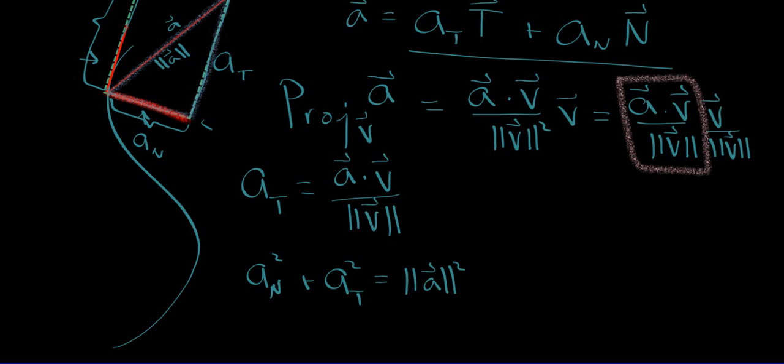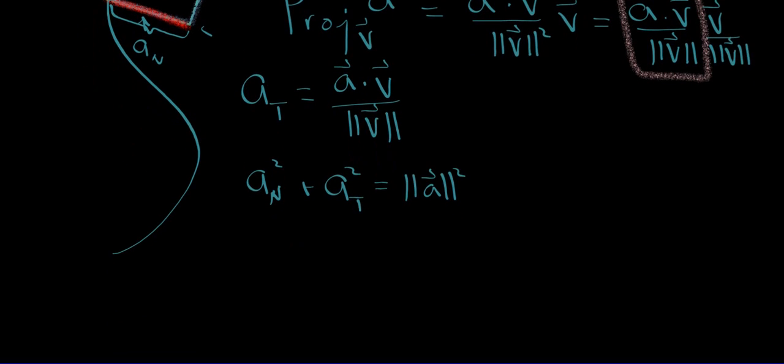I'm not interested in this relationship. I'm not interested in knowing what the magnitude of A is. I want to find out what this normal component of acceleration is. So I can just solve here. And if I solve this, what I'm going to get is the square root of the magnitude of acceleration squared minus A sub t squared. There.